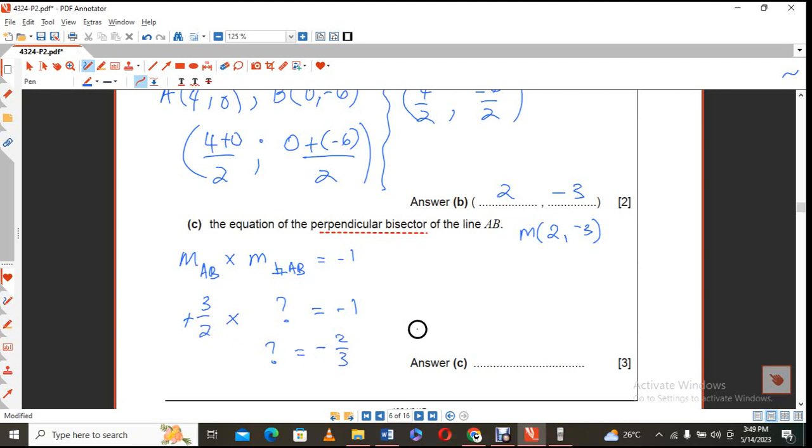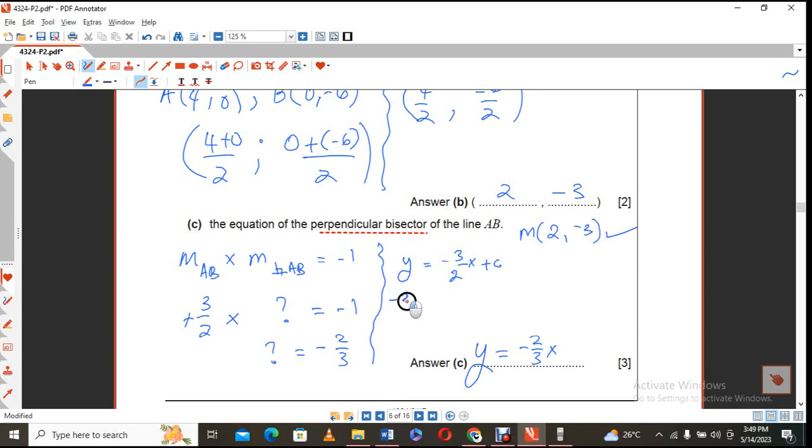So we now know what the equation is: y equals -2 over 3 x. But I need to calculate the value of c in that equation. So y equals -3 over 2 x plus c. Now I'm going to substitute this midpoint for x and y.